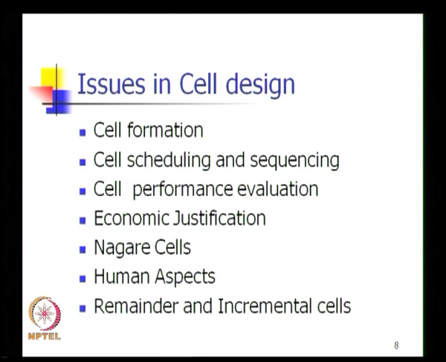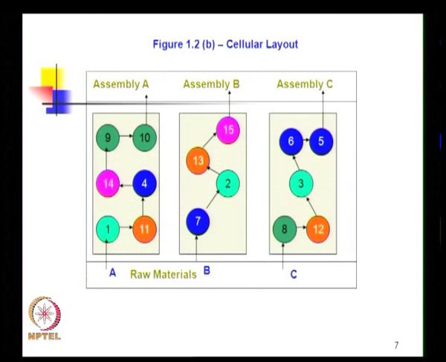Now, the first thing that we need to do when we move to a cellular system from a functional system is to create these cells, which means to identify the machines that will belong to a machine cell and to identify part families from the set of parts, or to identify which part will go to which part family.